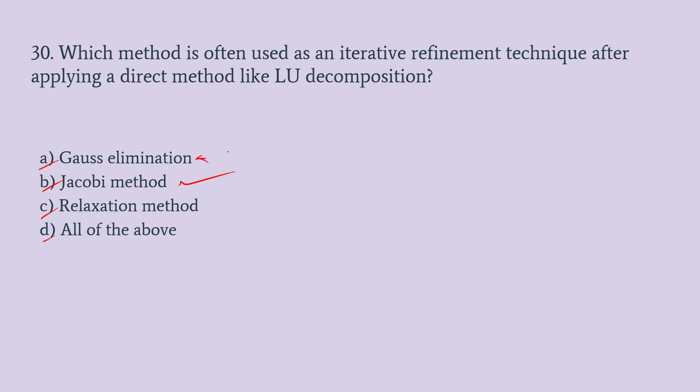It's not an iterative process. Gauss-Seidel is an iterative method, while Gauss elimination is not. But you can say Jacobi is the straight answer. More accurate is Jacobi, but relaxation can also be considered.